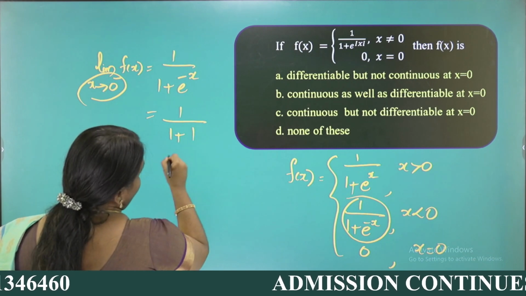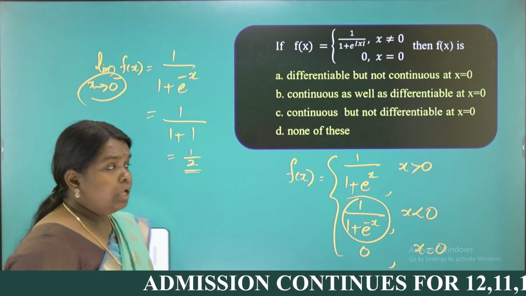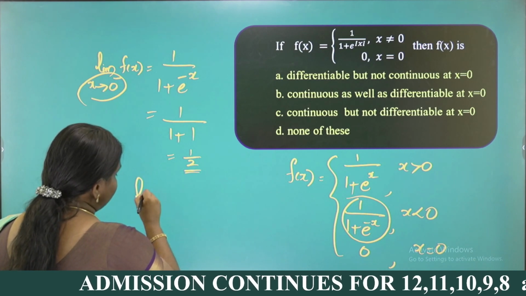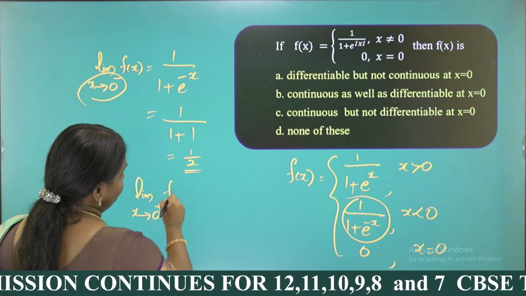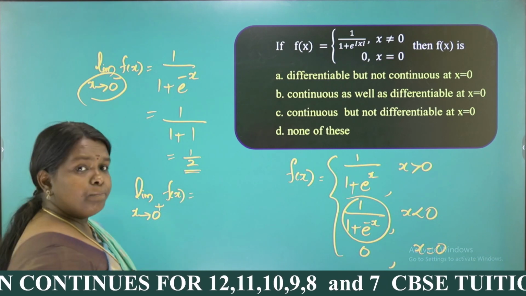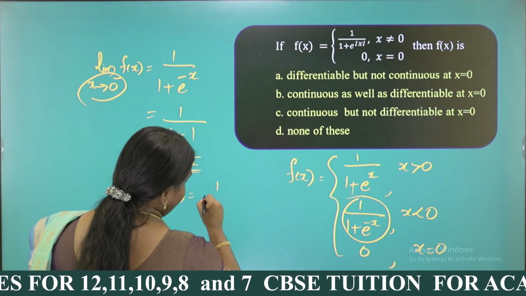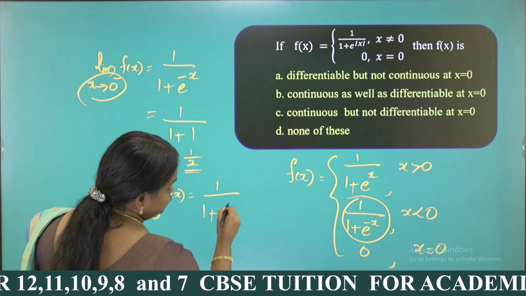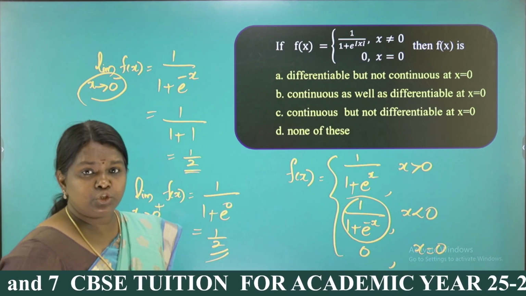So it is 1 divided by 2. Clear? RHL equals limit x tending to 0 plus f of x. Of course the same thing comes: 1 divided by 1 plus e raised to 0, that is again 1 by 1 plus 1, that is 1 by 2.